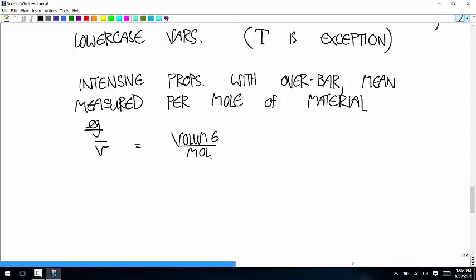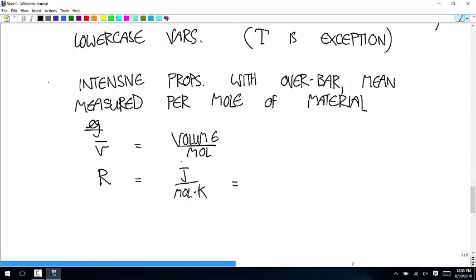Also, the universal gas constant, that's a capital letter. Anyone remember what the SI units are for the universal gas constant? Joules per mole times Kelvin.